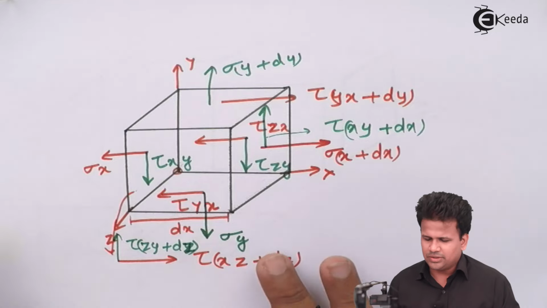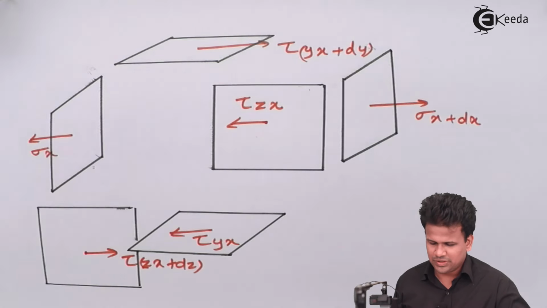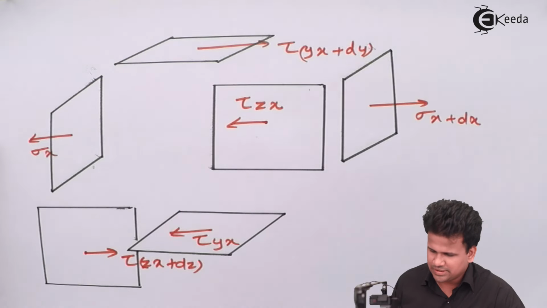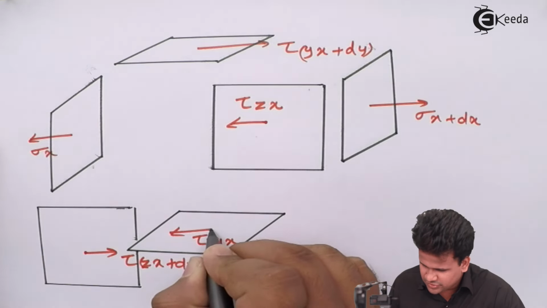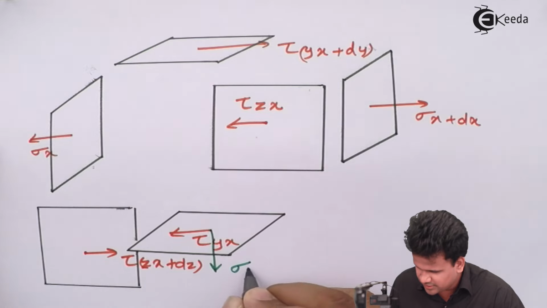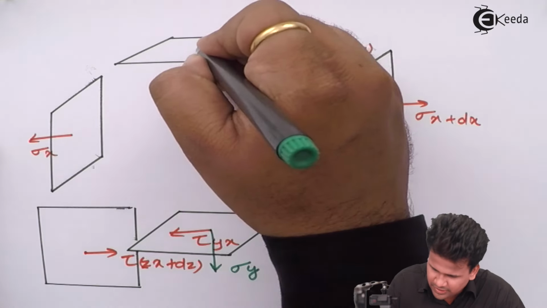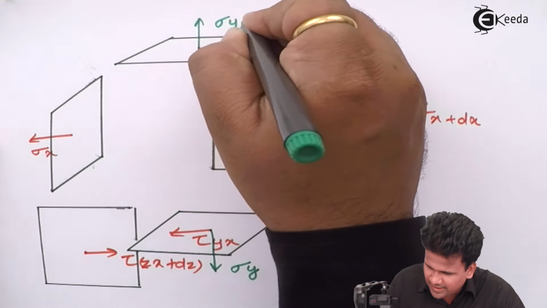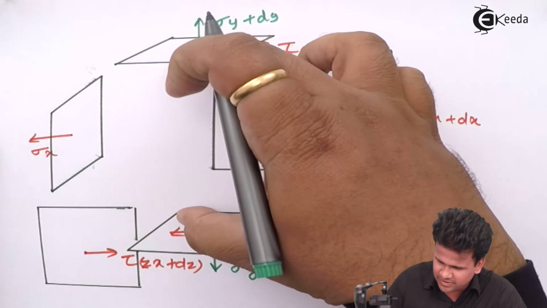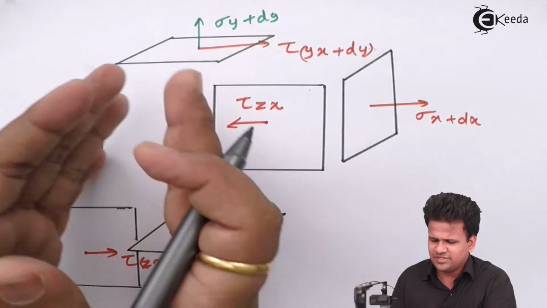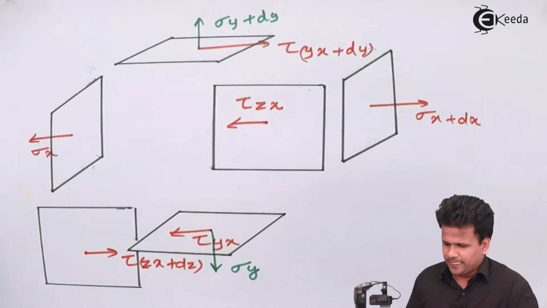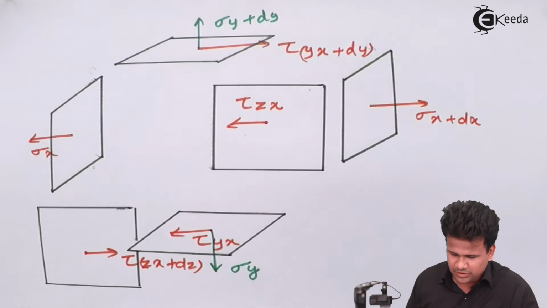Now we have to denote them on the individual planes. So the first plane which we'll consider is the y plane. So over here this will be sigma y, and here this will be sigma y plus dy, because the distance between these two planes is dy. I have just split them by distance so that it is visible to us.